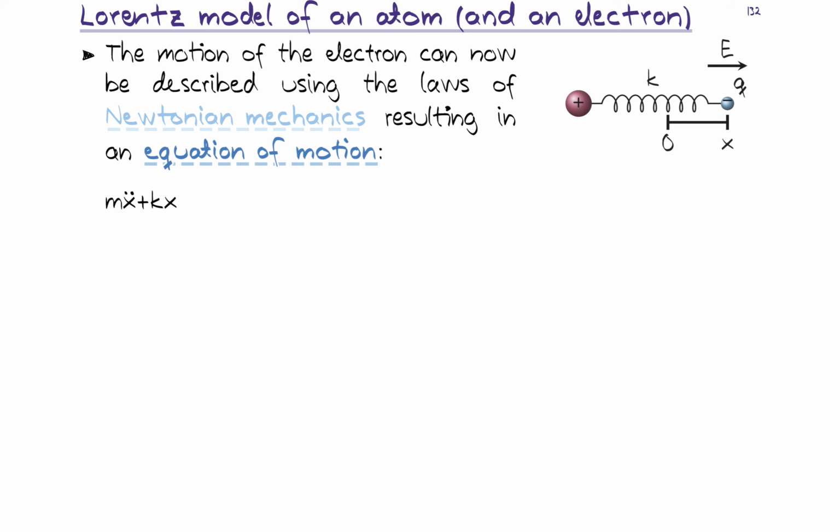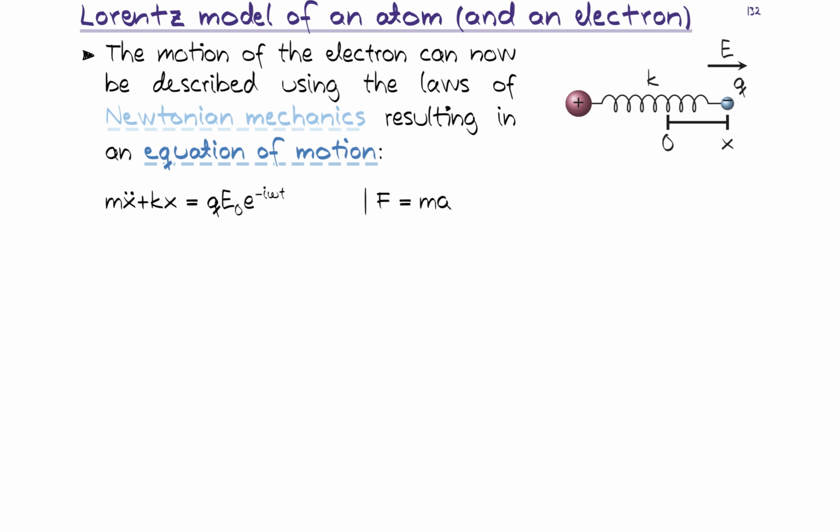Then we have Hooke's law, the spring force minus kx, which is the second force, and then we have the driving force q times E naught times exponent minus i omega t. So essentially you are just writing an equation of motion, which, as the name suggests, describes how the electron responds to the driving fields.